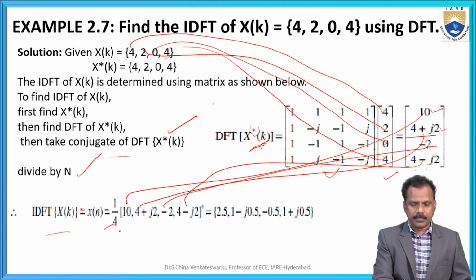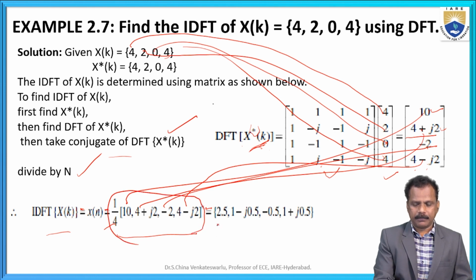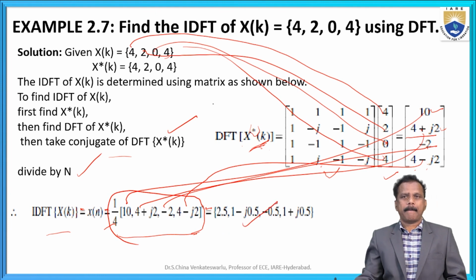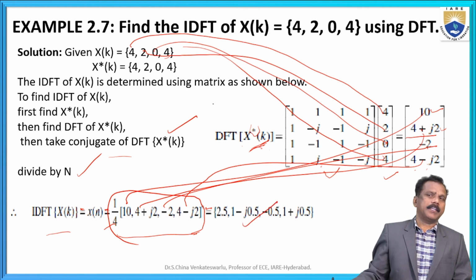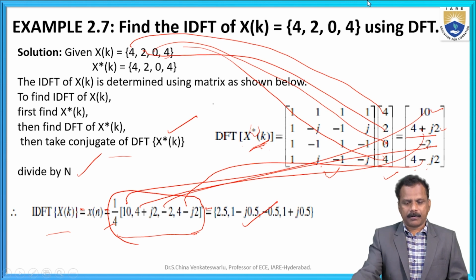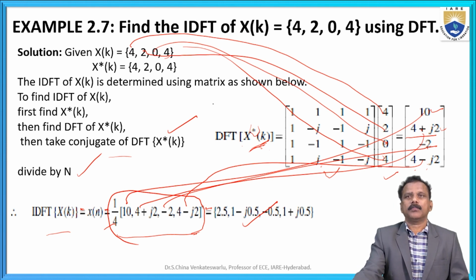After simplifying this equation, we have to verify that this is the final answer. This is your IDFT, inverse discrete Fourier transform, for the given x of k equal to 4, 2, 0, 4 using the DFT.